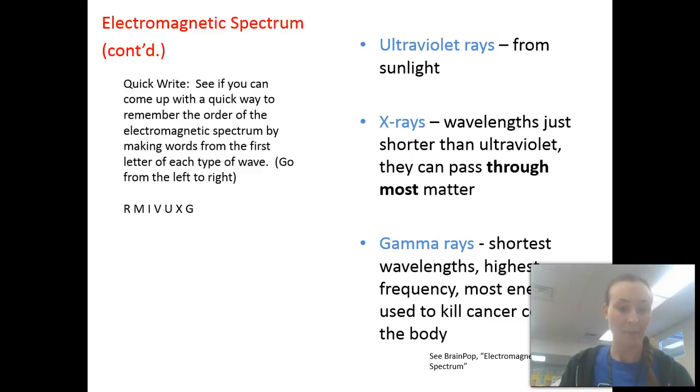Hopefully you paused and came up with something, because this is a great tool to help you study. One that Mrs. Kim told me is: racers must increase velocity using extra gas, and this will help you remember the waves across the electromagnetic spectrum.